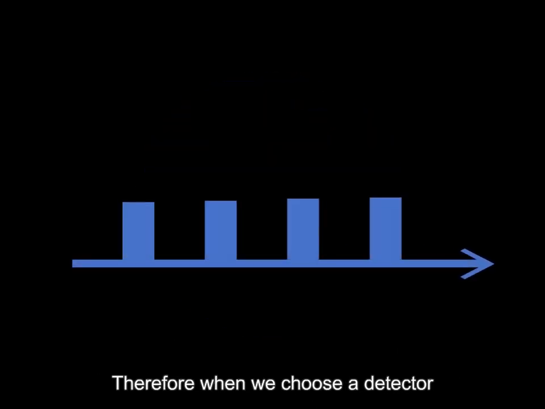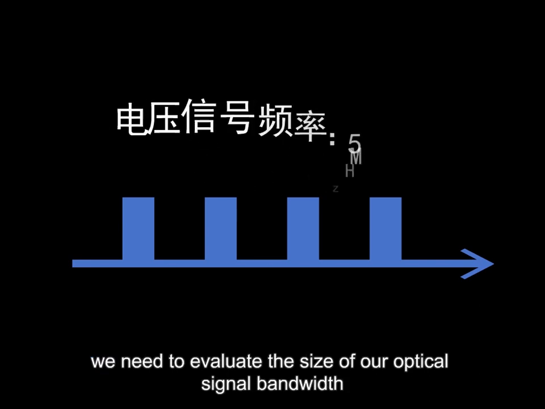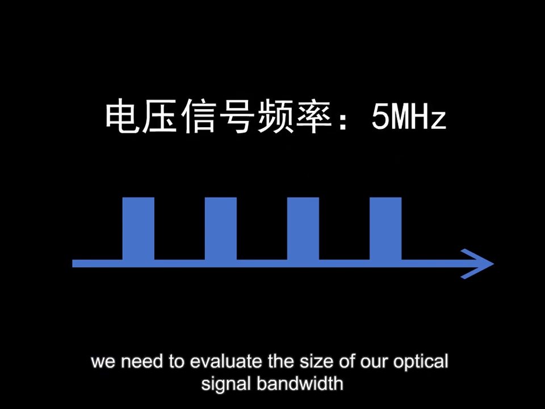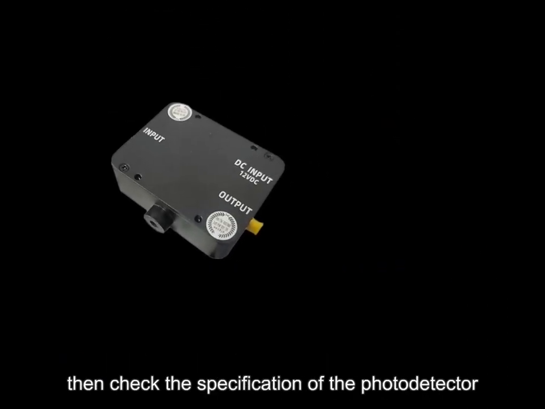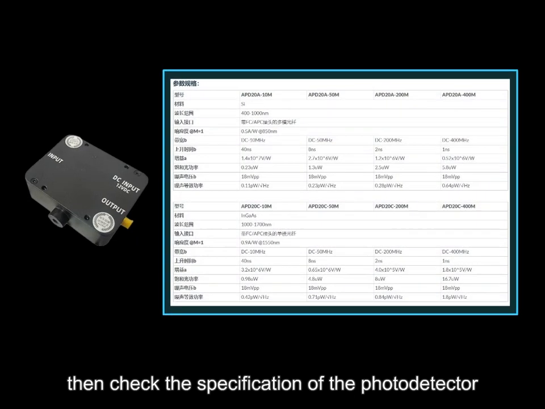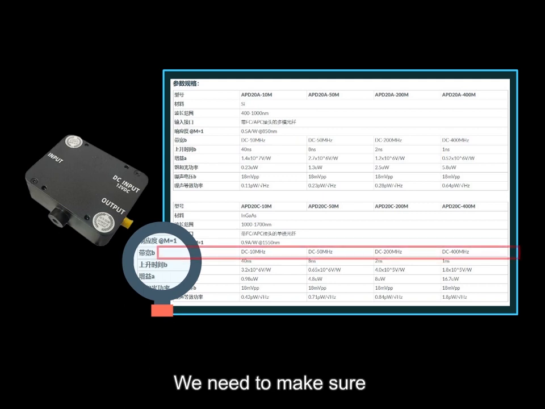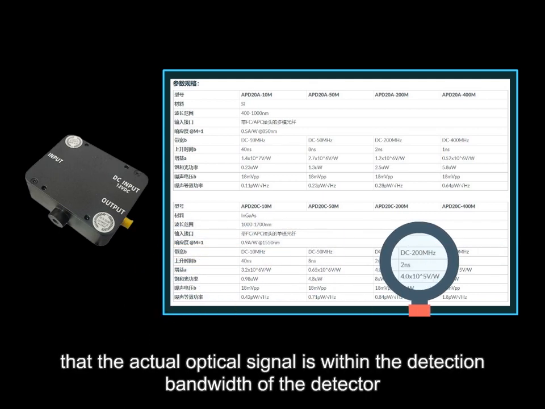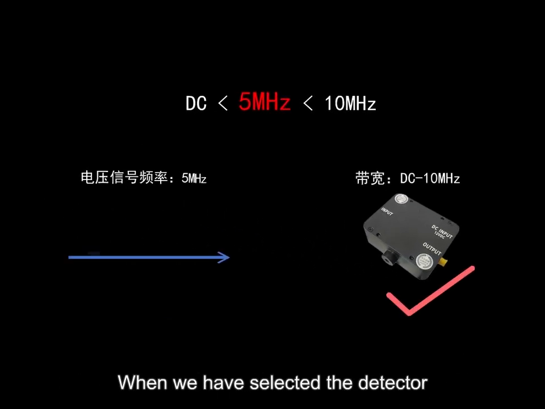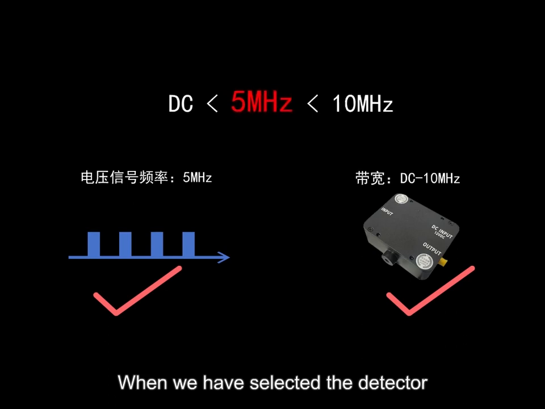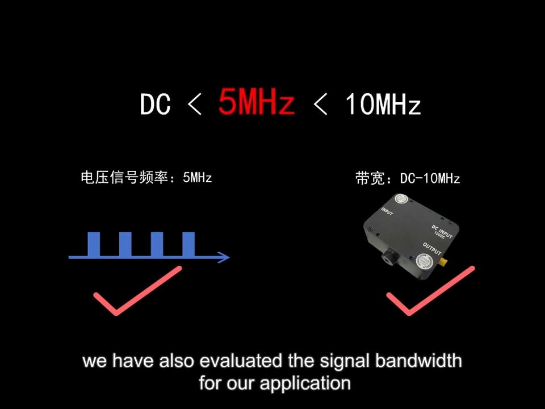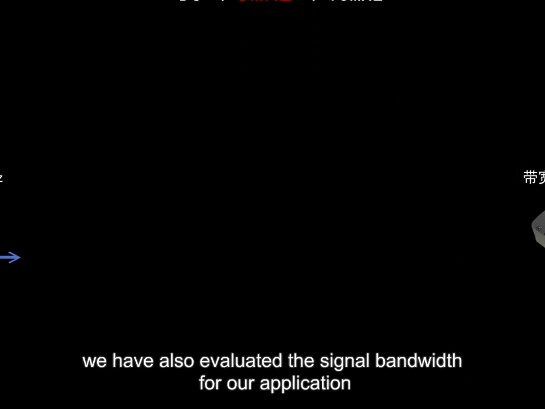Therefore, when we choose a detector, we need to evaluate the bandwidth of our optical signal, then check the specification of the photodetector to find the bandwidth parameter, and make sure that the actual optical signal is within the detection bandwidth of the detector.